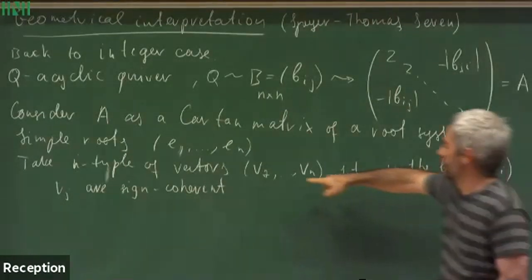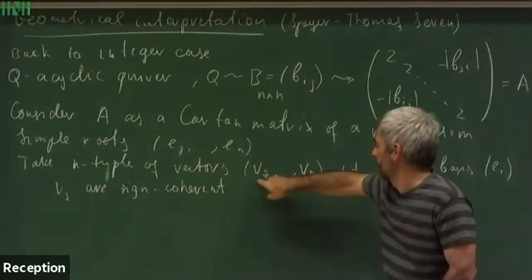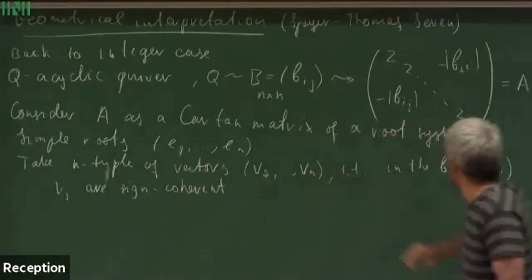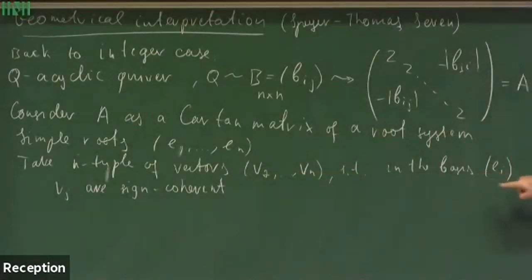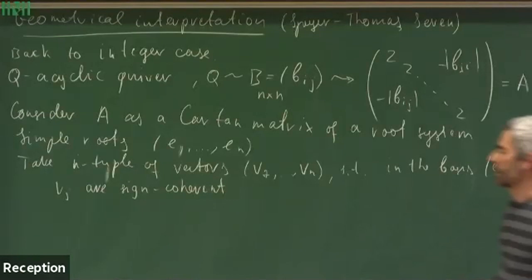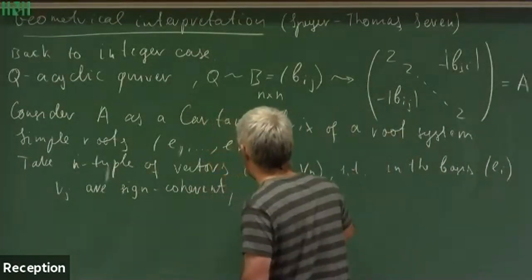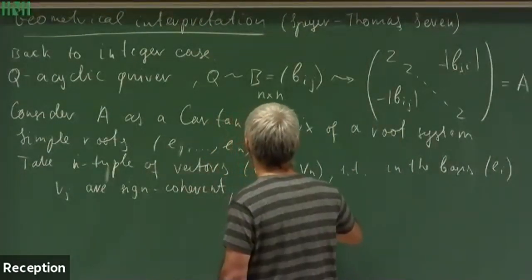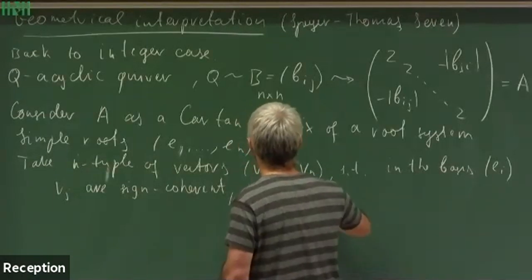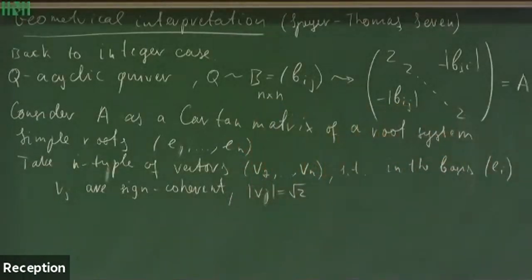When I take the decomposition of every vector Vi or Vj in this basis, all its coefficients are either non-negative or non-positive. And the length of Vi, Vj is fixed. So these are two properties.